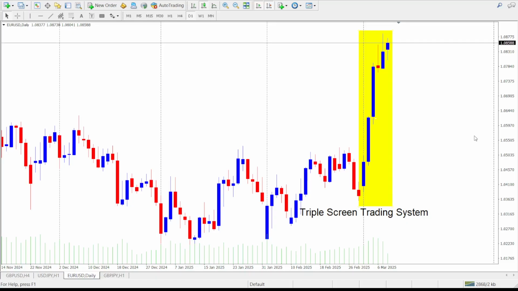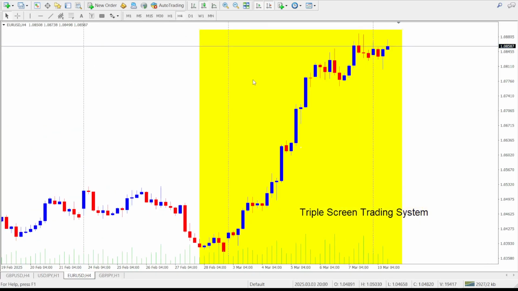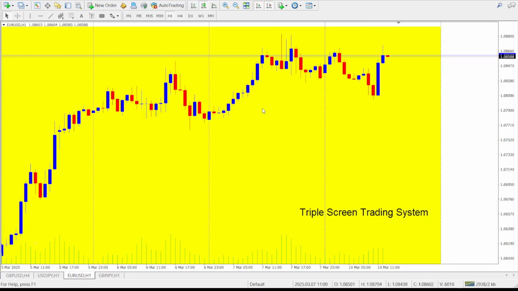Now, the beauty of the triple screen system is that once you've identified the trend on the first screen, you can then move on to the next level of analysis. The second screen is where we zoom in a bit, typically using a medium time frame. Okay, so many traders actually choose the 4-hour or the 1-hour charts here.